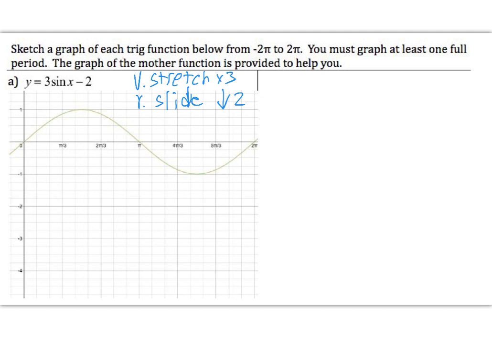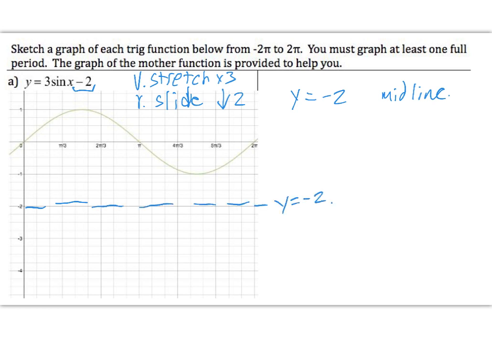But in terms of trig terminology, we identified that last number, what we're moving up or down, is the midline. So y equals -2 is going to be our midline, and I'm going to draw that across here. All right, so y equals -2.